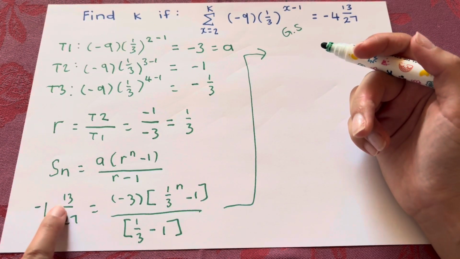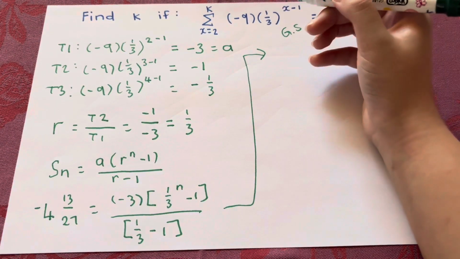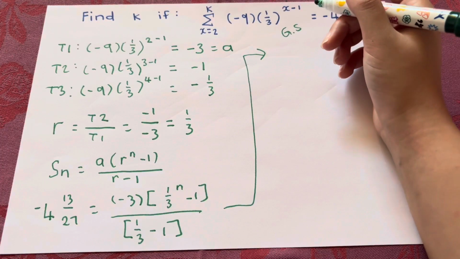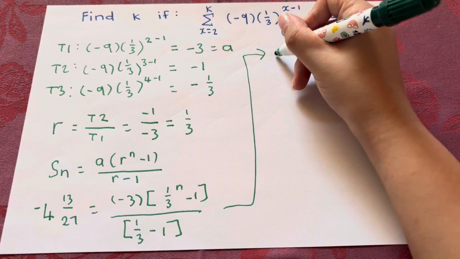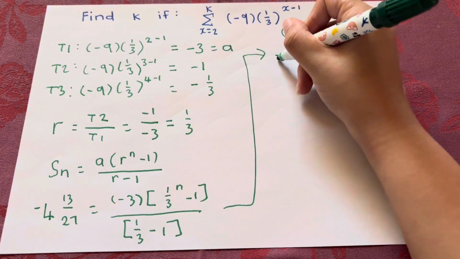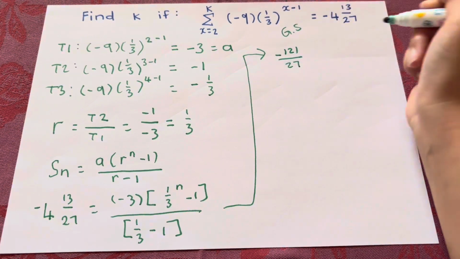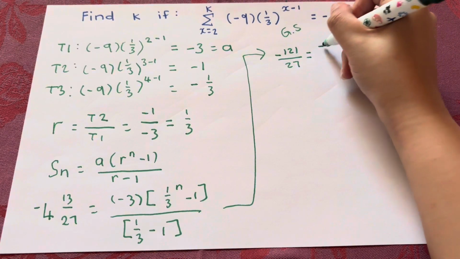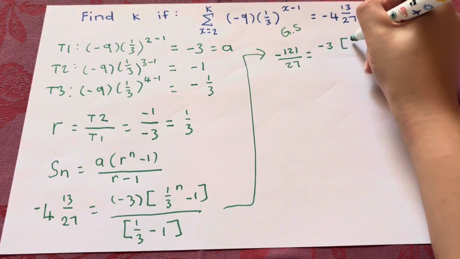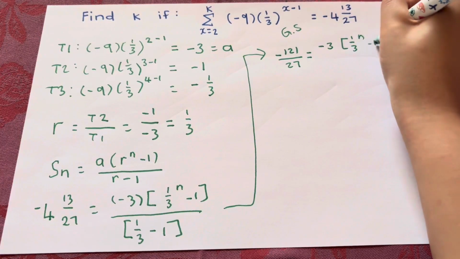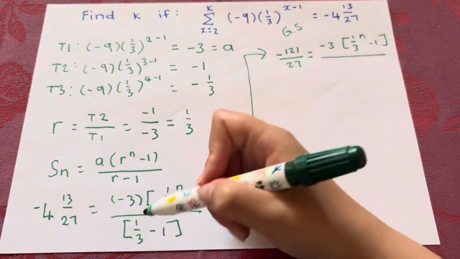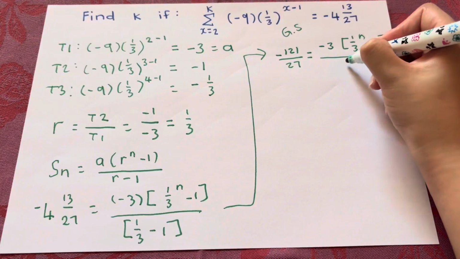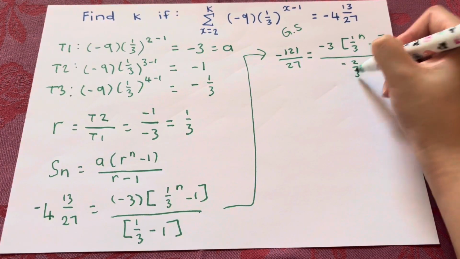-4, 13 over 27 is a mixed number, which we're going to convert to an improper fraction. And that is -121 over 27. And then let's see if there's any further simplification. There's nothing yet in the numerator. In the denominator, however, a third minus 1 is -2/3.